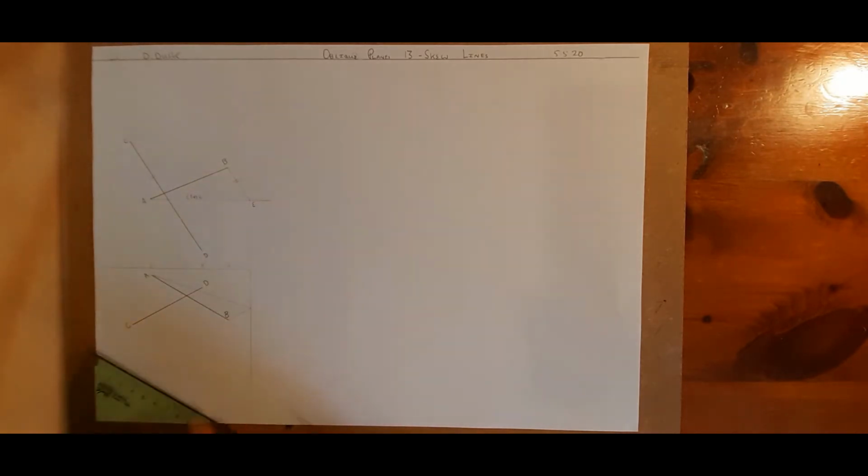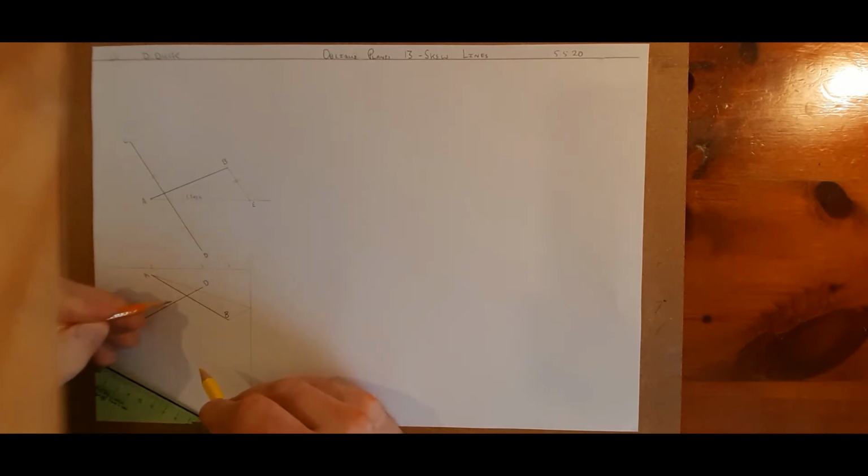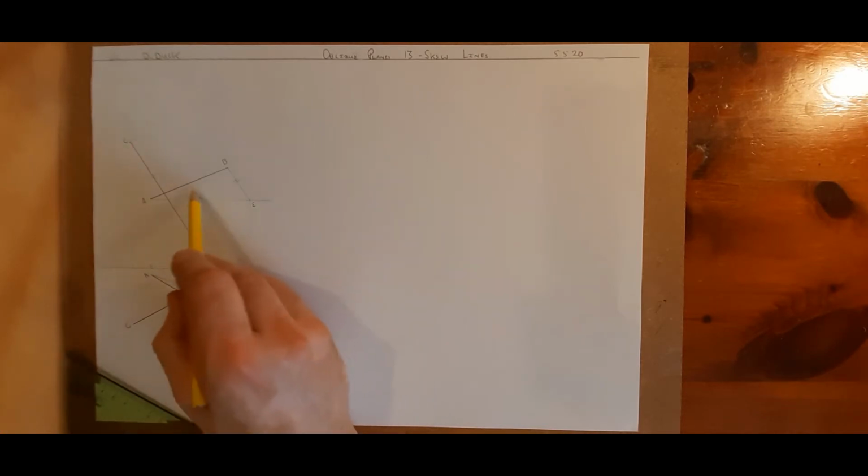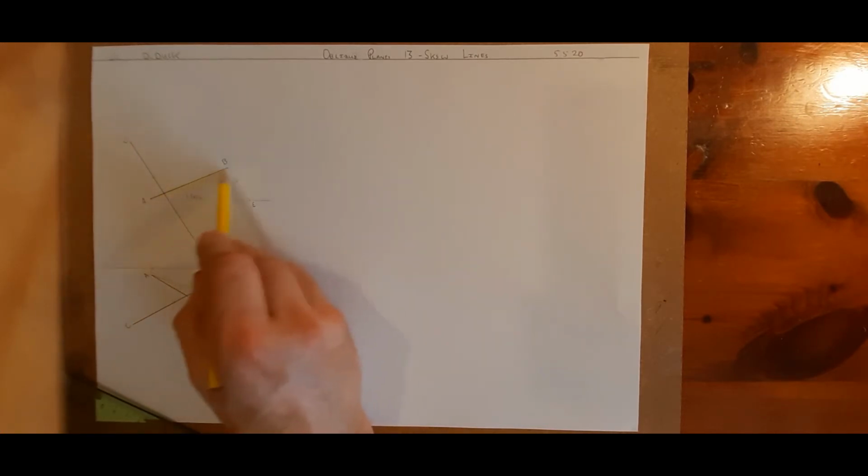And now again in plan, we've recreated that plane which contains one of the lines and has an edge that is parallel to the second line. So we'll just colour this in as well now.